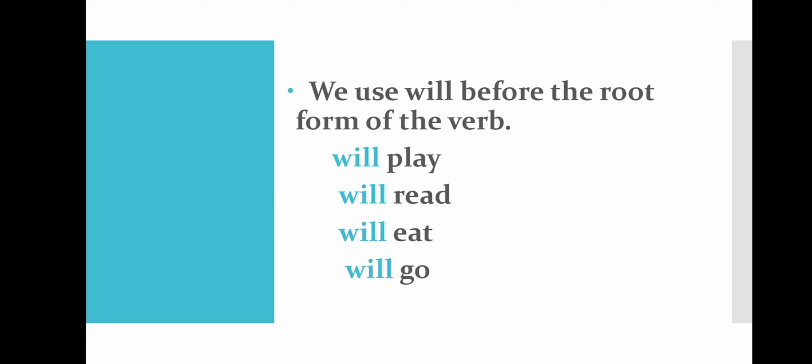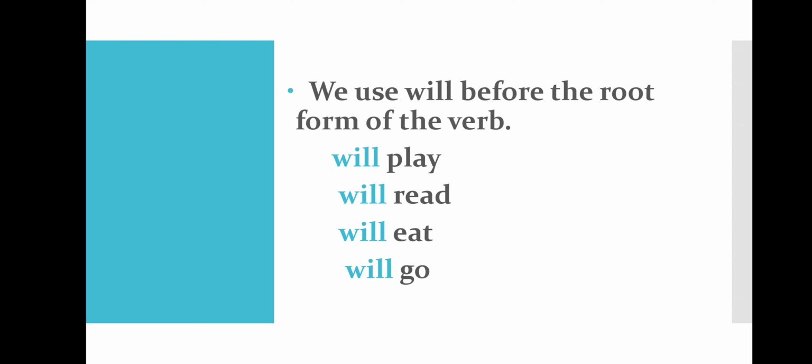So let's look at it. We use will before the root form of the verb. That is, before the verb or the action word we'll use will. Look at the examples given here. Will play. Play is the verb and we have used will before play.